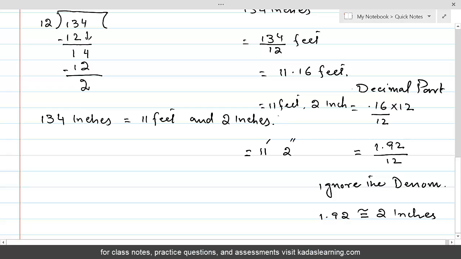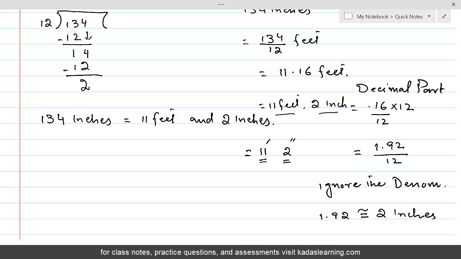So this is the same way of reading 11 feet 2 inches: 11, 1 dash, and 2 inches means 2 dashes. This is how we can convert from a decimal system into the proper imperial measurement system. Or even if we want to convert a fraction into inches, we can do that.